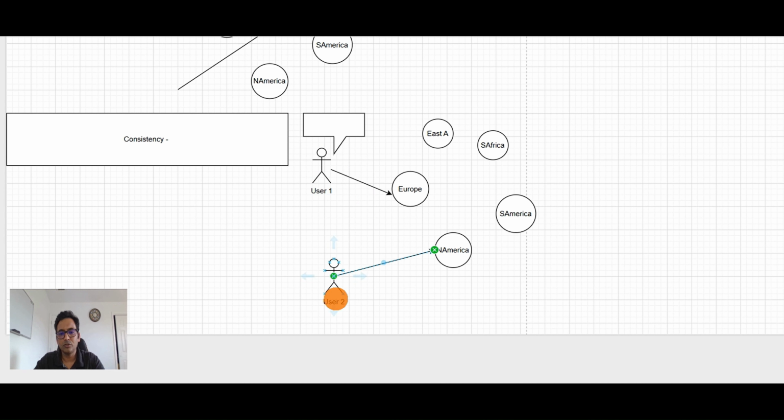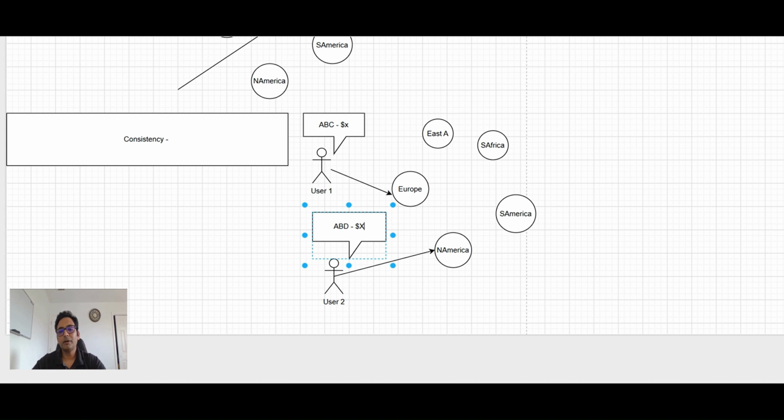User 2 is reading the information from the North America server, and both see the same information: account ABC has X dollars. So the information is consistent, which means both systems across the globe give the same data. That's called consistency. Data should be consistent.